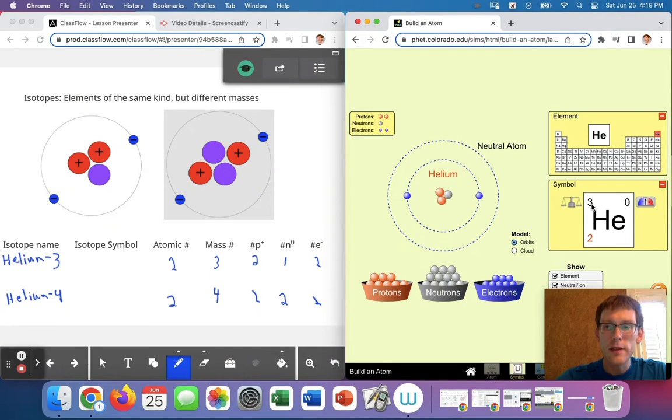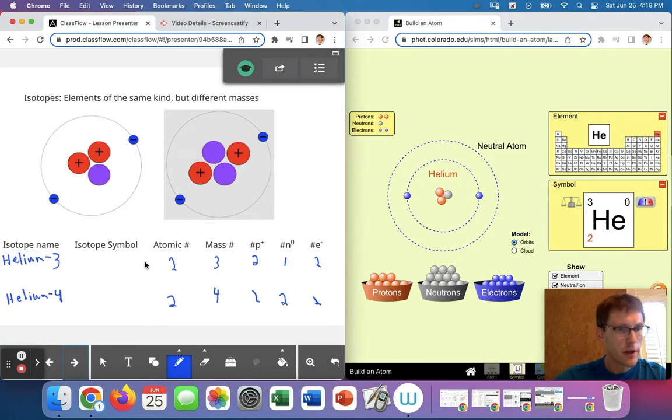Our symbol is 3/2 He, 0. So what I'll do is I'll write that in, 3/2 He. And since that 0 is the charge, since it's 0, I'm not going to put anything in here. It's not required that you signify that something is neutral. If there were a positive or negative charge, it would go in this corner.